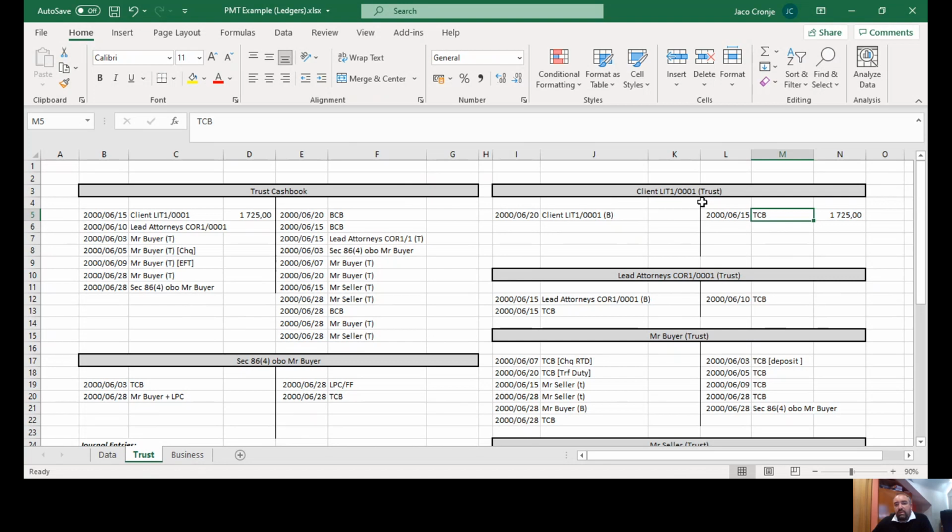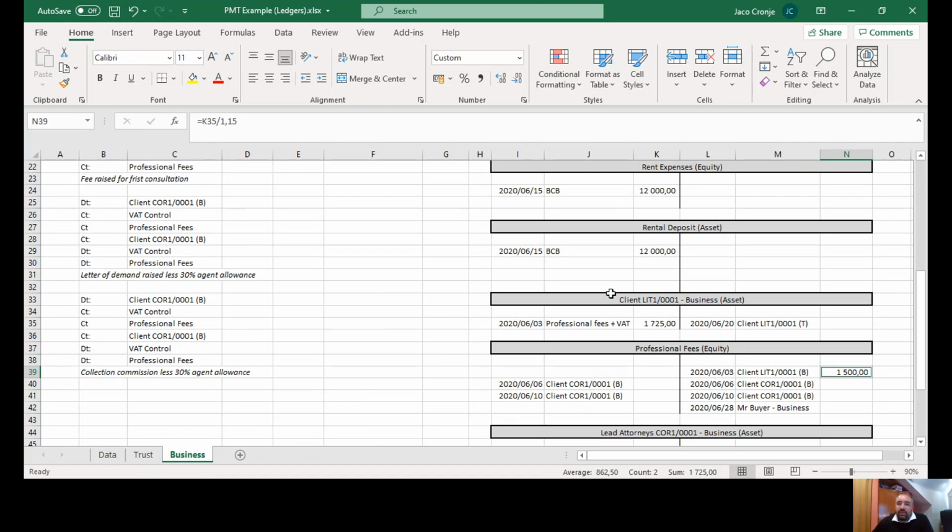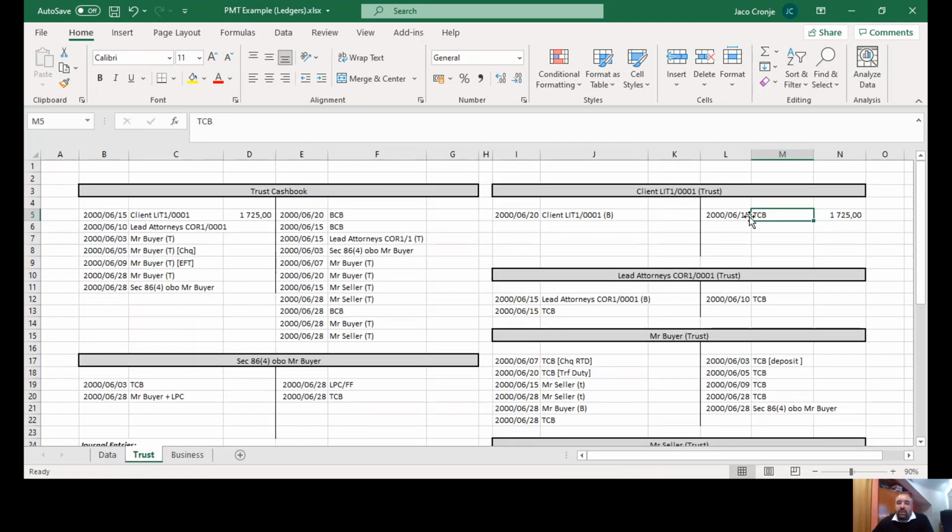You have two separate T accounts for client LIT1 trust and a separate one for client LIT1 business. There's a lot of guys that answer these questions correct, but then they don't split between the client's trust account and the client's ledger account, and then sadly no marks can be awarded. So that is very important.